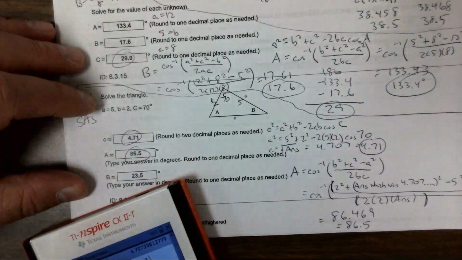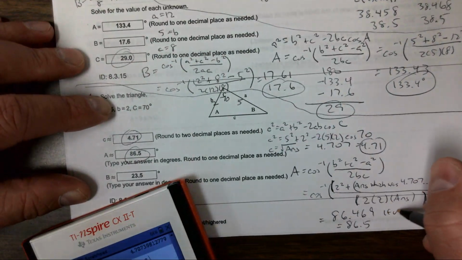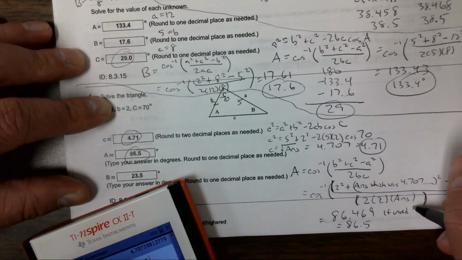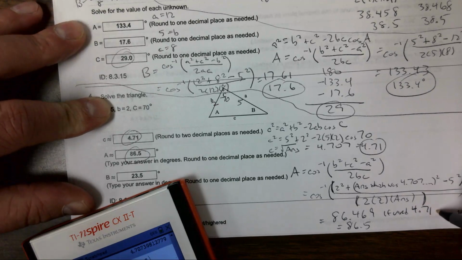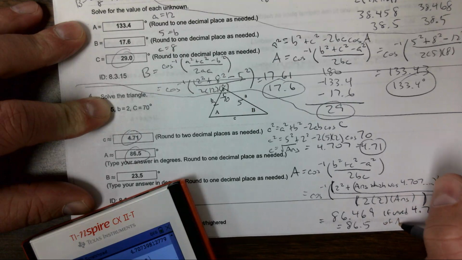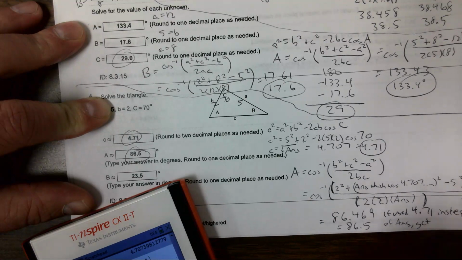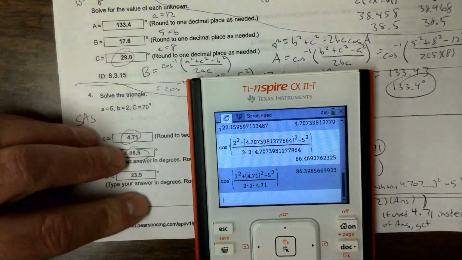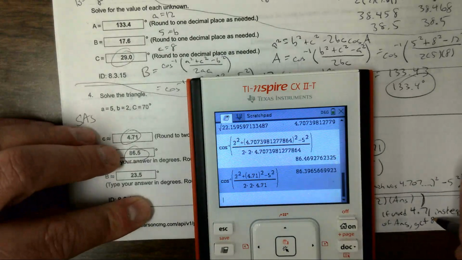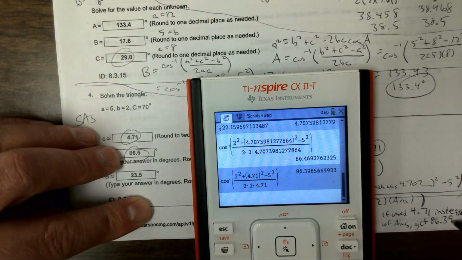My point is, if I used 4.71 instead of the answer, you get 86.39, so 86.4.